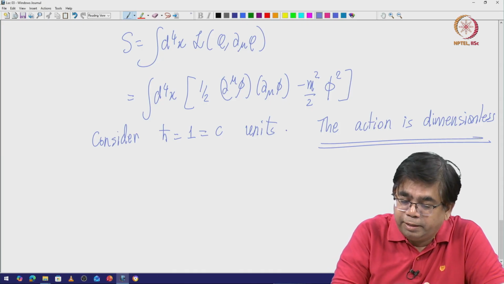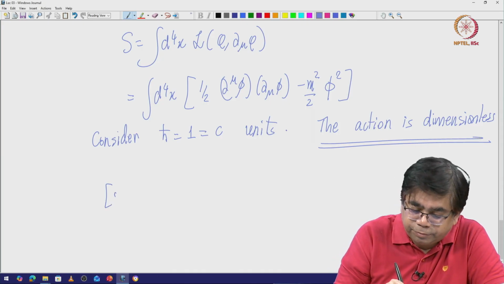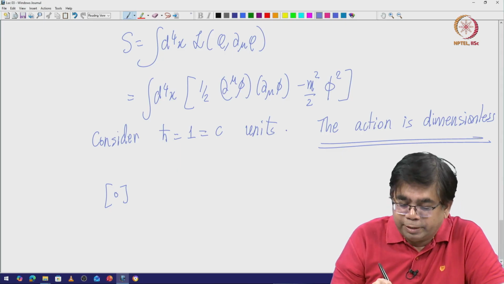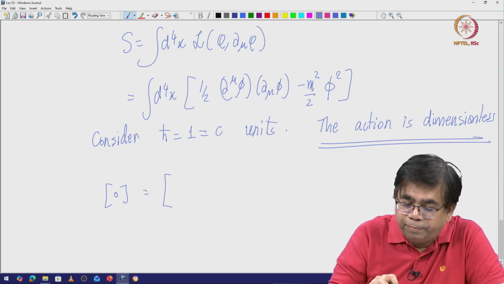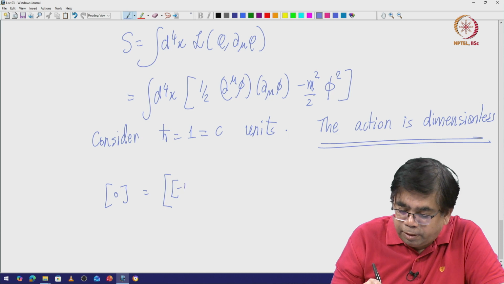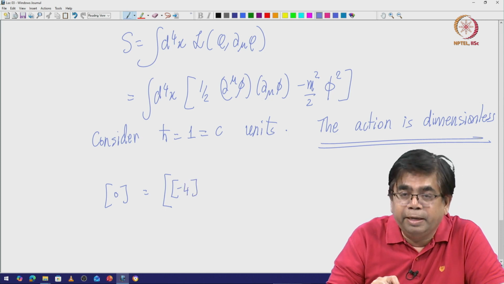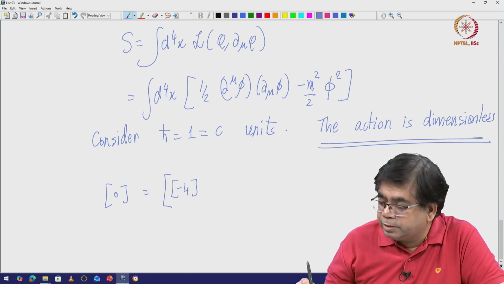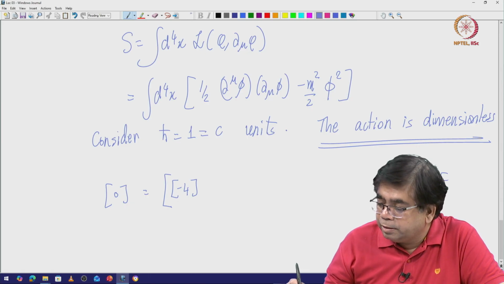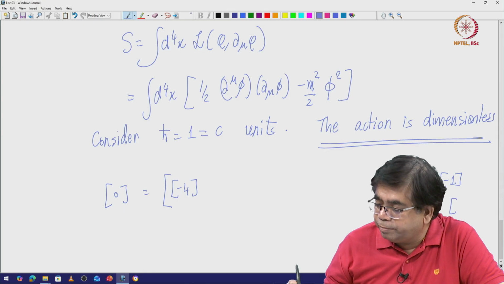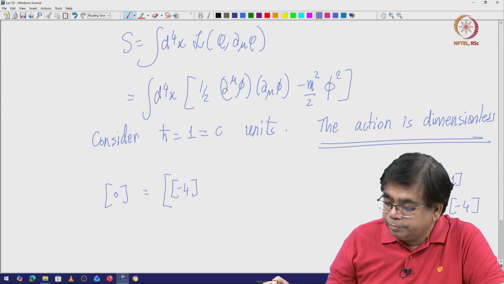So the left hand side has dimension 0. On the right hand side you have mass dimension -4 coming from d to the power 4 x. So dx has a mass dimension -1, and d to the power 4 x gives you -4 mass dimension.